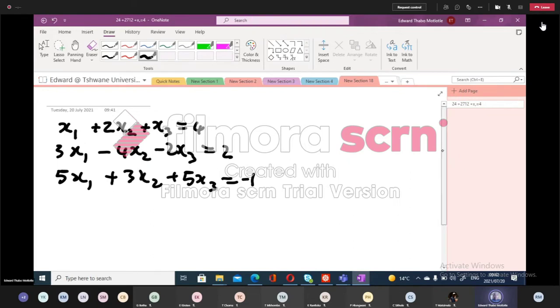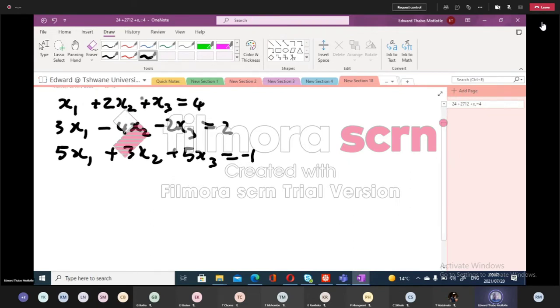So the first thing that we do, we can write this in an augmented matrix. So this will be 1, 3, 5, 2, minus 4, 3, 1, minus 2, 5, and we have 4, 2, minus 1. Okay.